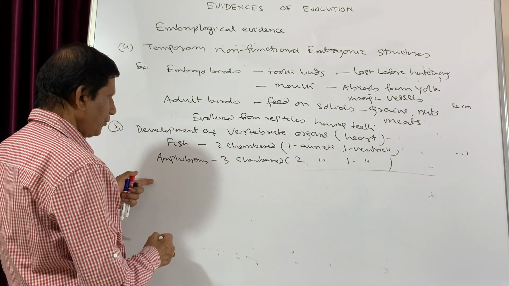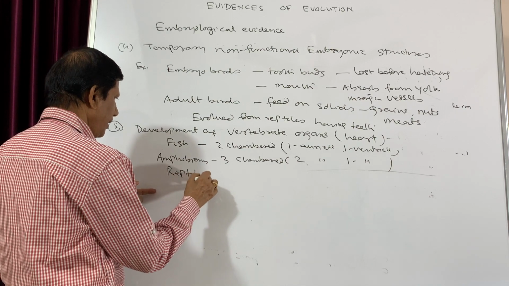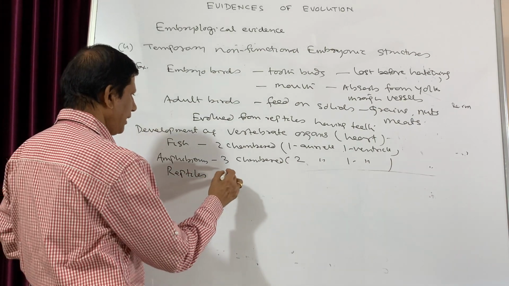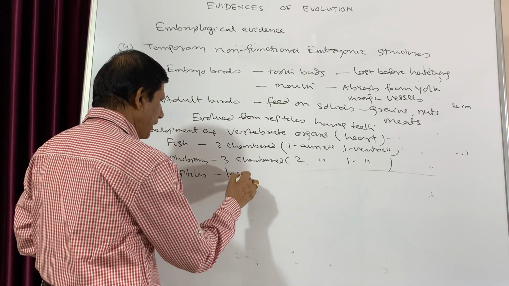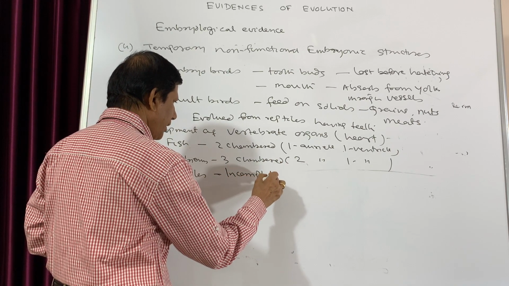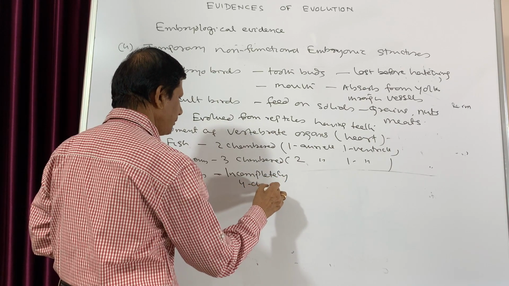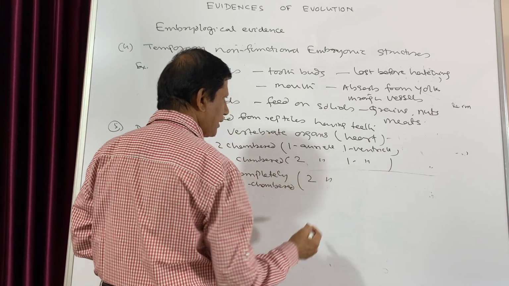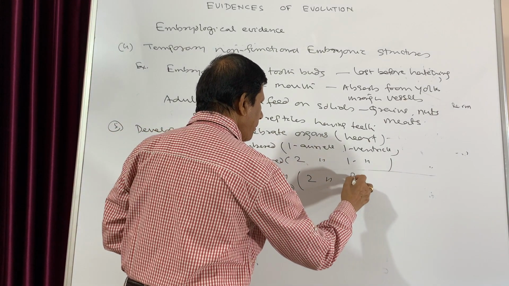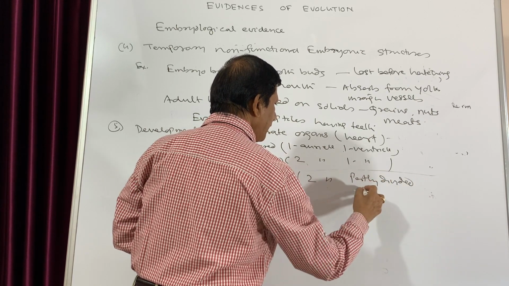If we come to reptiles, it is usually incompletely four-chambered. That means here also we get two auricles, but a partly divided ventricle.